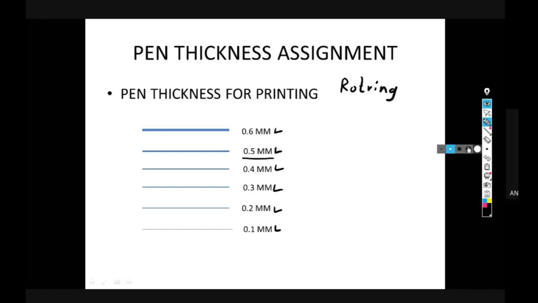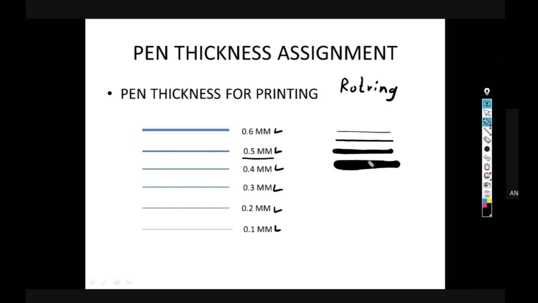Now you can see here in my box, this is one single line, then I'm using this. Even software nowadays uses this kind of thickness. Even AutoCAD gives thick lines and thin lines like this. Are you getting it?